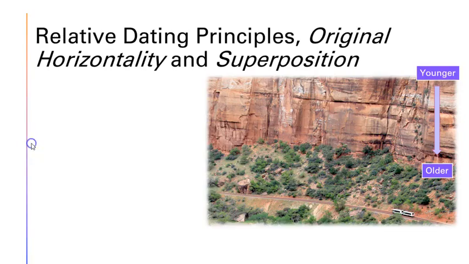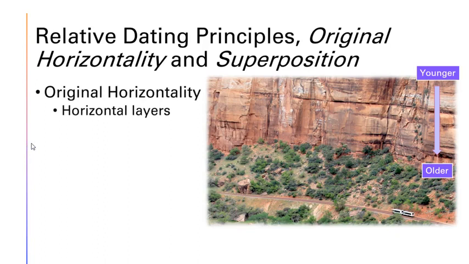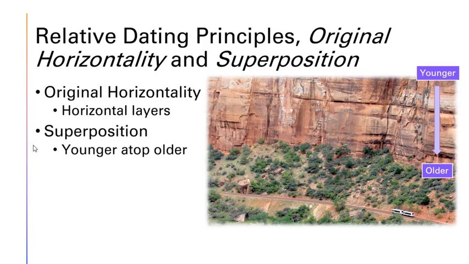The principle of original horizontality recognizes that material deposited from a fluid, air, water, or melting ice, will form horizontal layers. Superposition describes that as a sequence of rock layers form, younger layers are always deposited atop older layers.